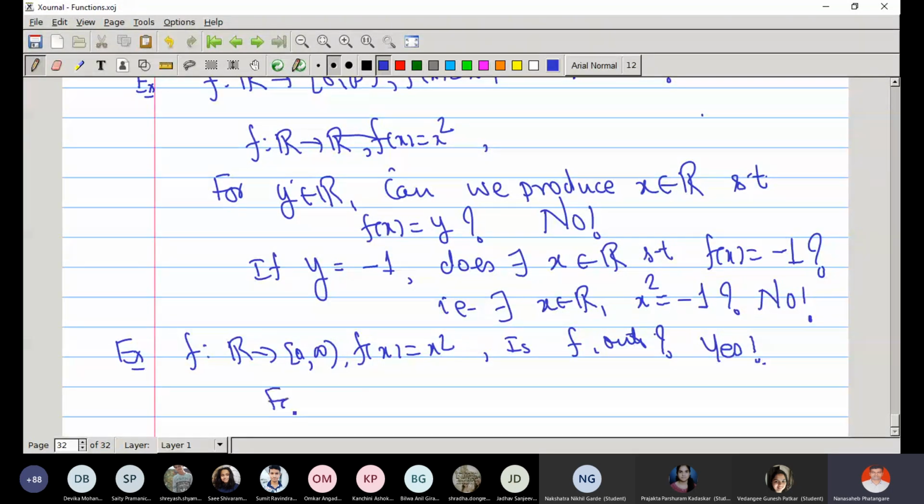So for y belonging to 0 to infinity, y is greater than or equal to 0. So there exists x. What is the exact value of x corresponding to y?